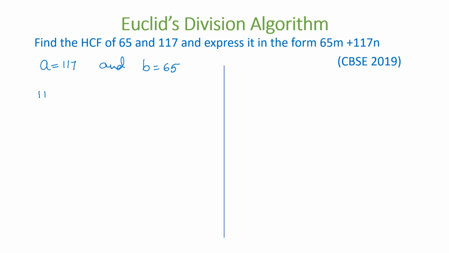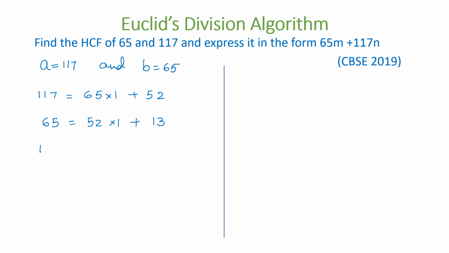We'll say 117 is equal to 65 into 1 plus 52. Then we will say 65 is equal to 52 into 1 plus 13.